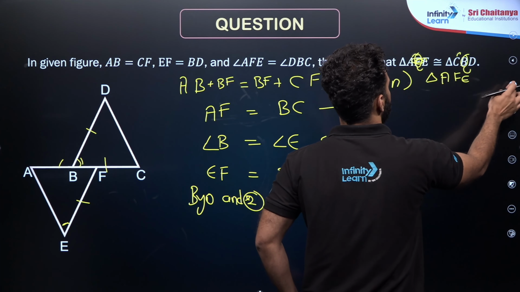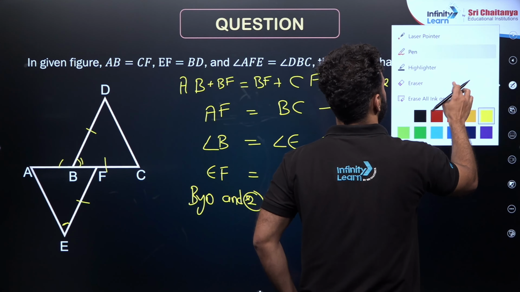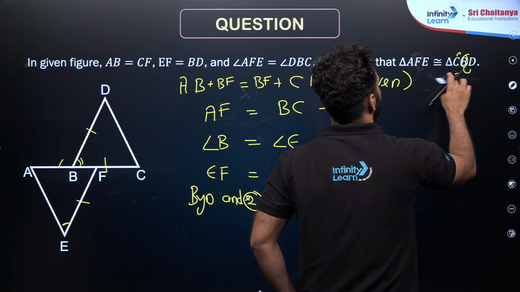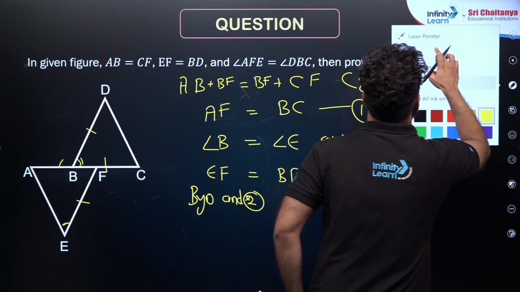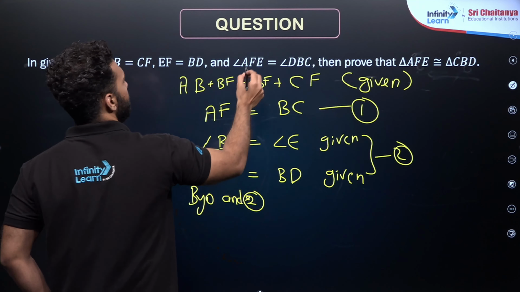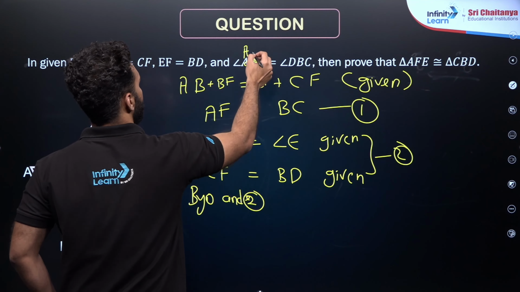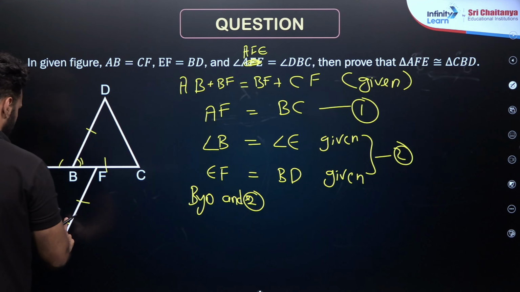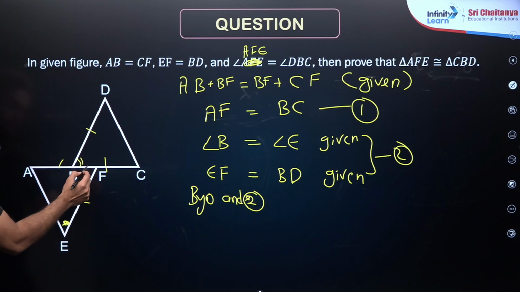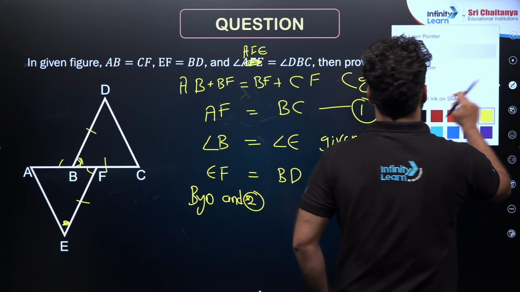This part is right. This is actually AFE, not AEF. Sorry, I have made this mistake. This angle and this angle are equal. Okay, now it's clear. Now, sir, angle F and angle B are equal.